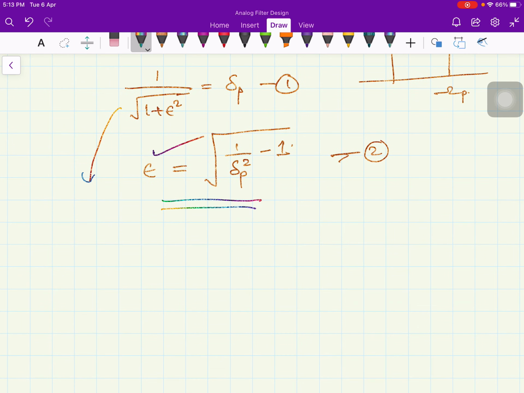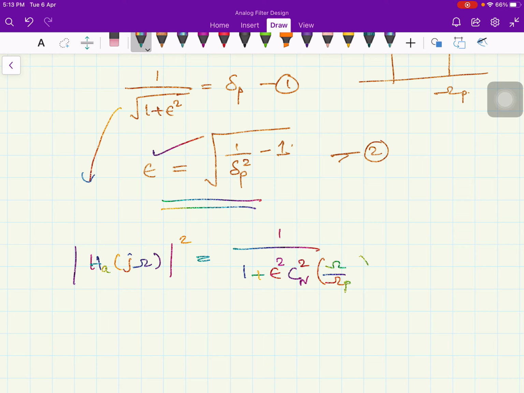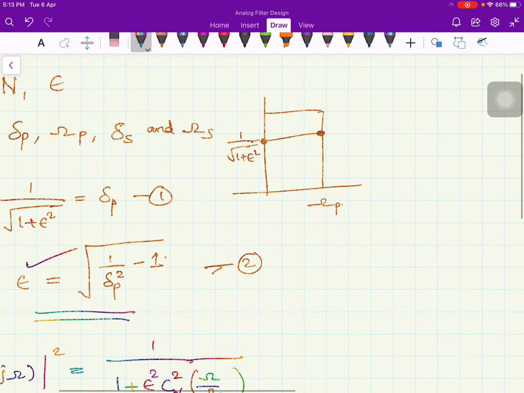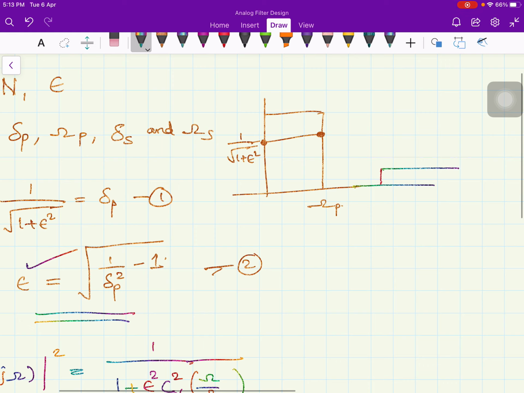Therefore my stop band specification says that the magnitude of Ha of j omega squared is equal to 1 divided by 1 plus epsilon squared Cn squared of omega by omega p. Now from the specifications, this is omega s. When omega equals omega s, the magnitude is delta s.